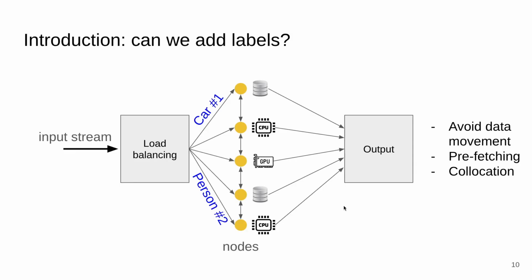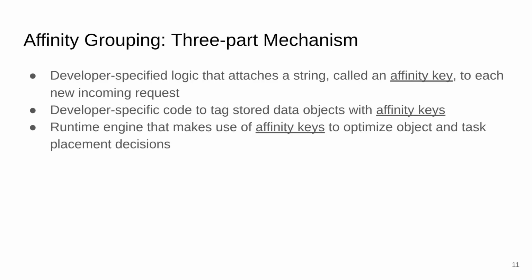Our basic idea is very simple. We just label things. Every object that should be stored has a label, and the task request has a label, and then with those labels, the hosting platform can know exactly where things should be and where things should run. So that's the basic idea.